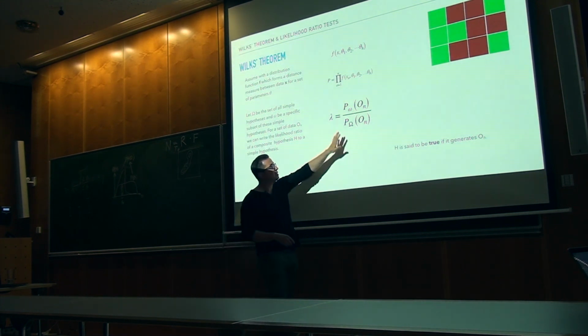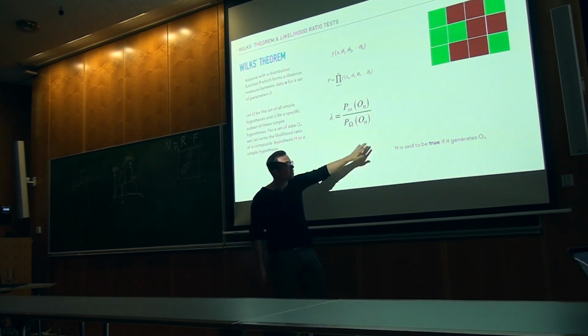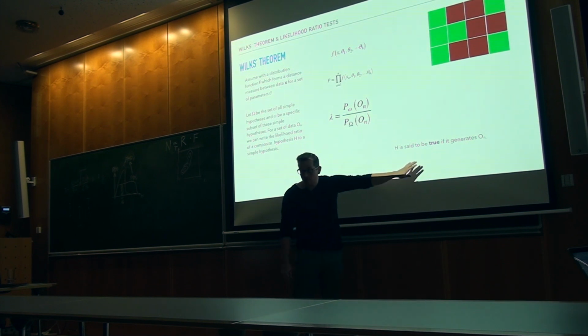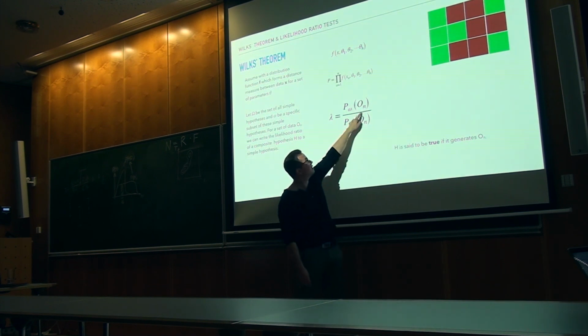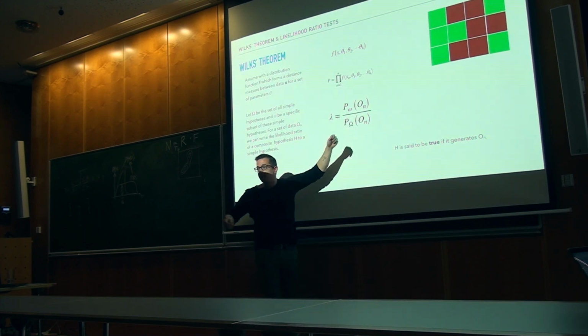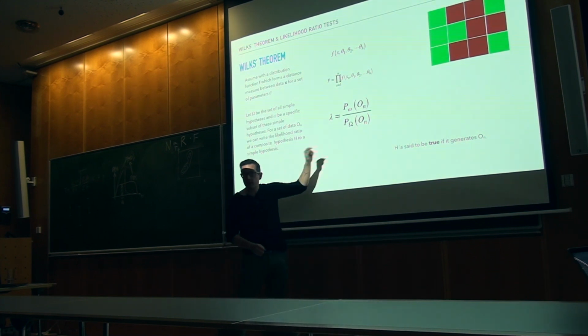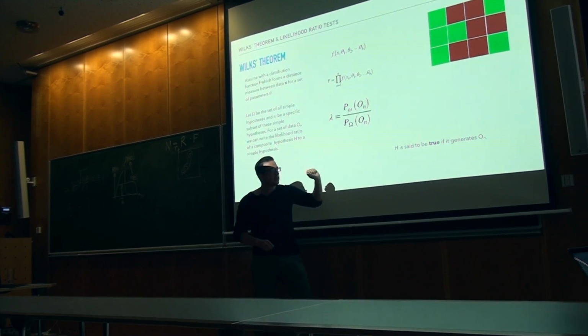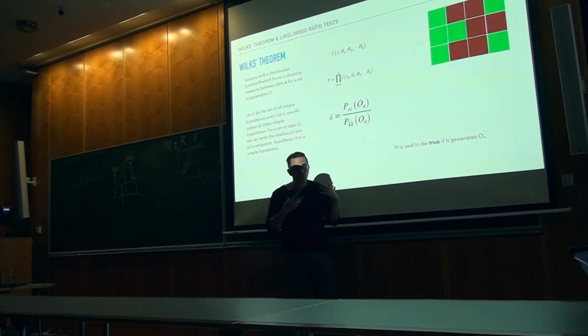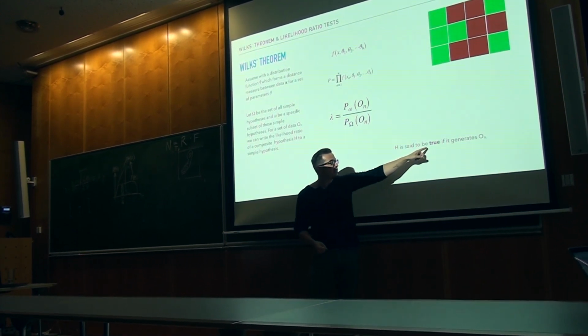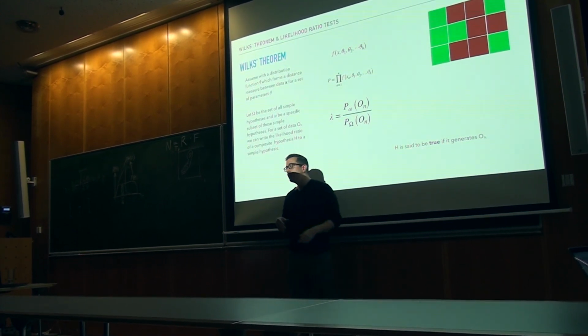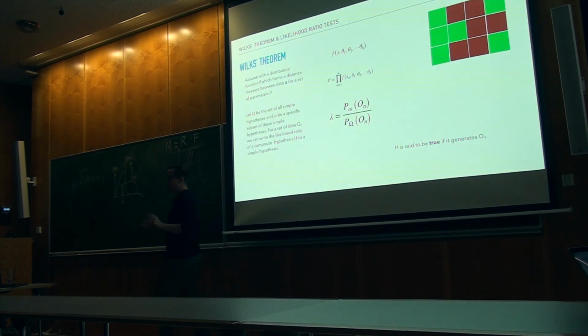And we say that this hypothesis is true if it generates some data set, some observations, so N observations from a population. Now there's a very important clause in this that seems subtle, but it's vital to what likelihood ratio test means. It says that H is said to be true.